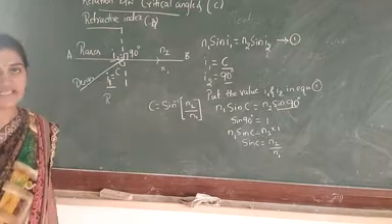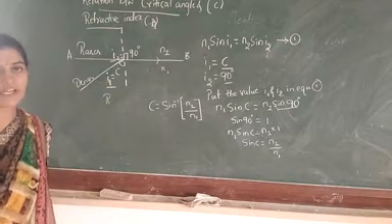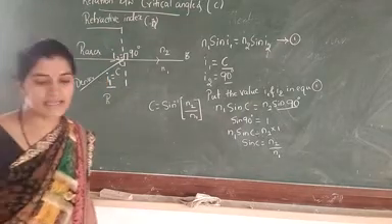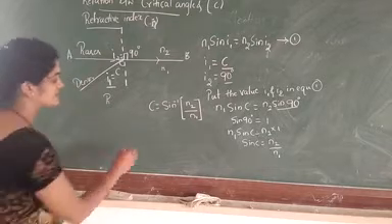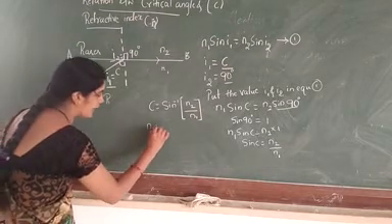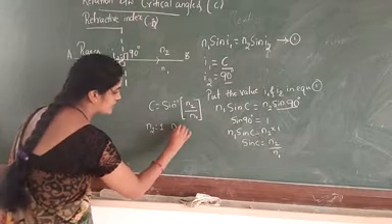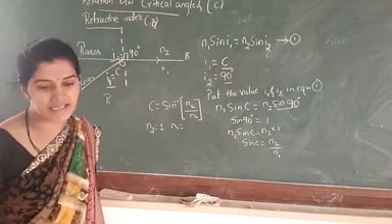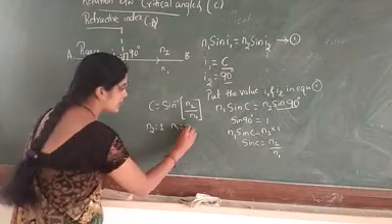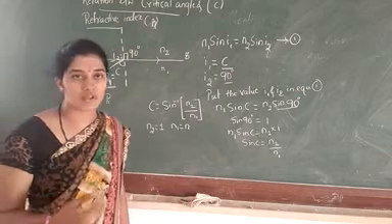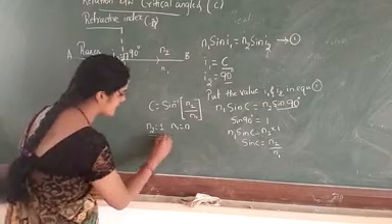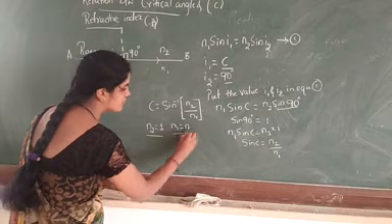C is the critical angle, and N1 and N2 are the two refractive indices. In this case, for air or vacuum, we consider N2 equal to 1 and N1 equal to n.